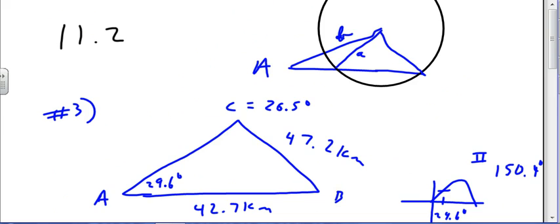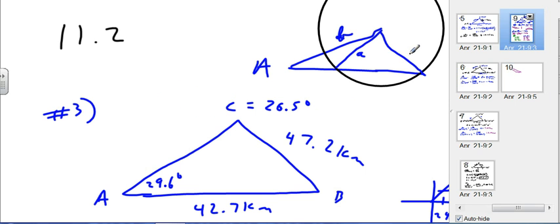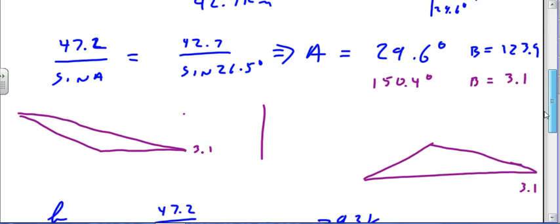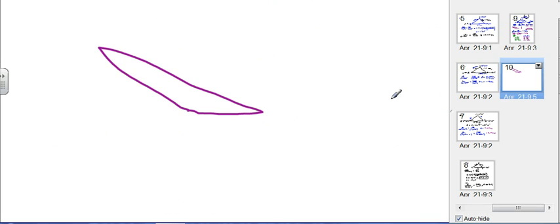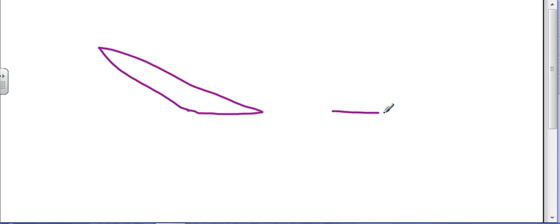I'm going to have a triangle that looks like that, or a triangle that looks like, what's my other triangle look like? Or a triangle that looks like that. So those are the two triangles that I'm looking at.